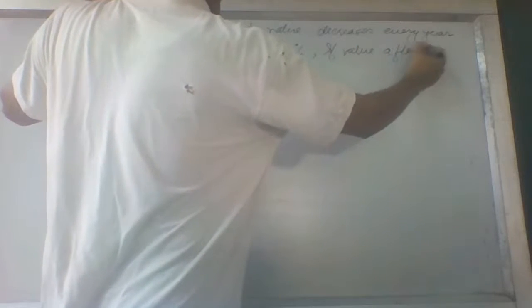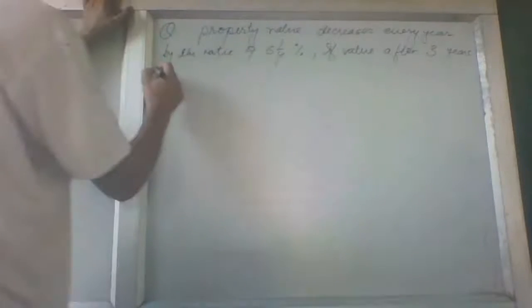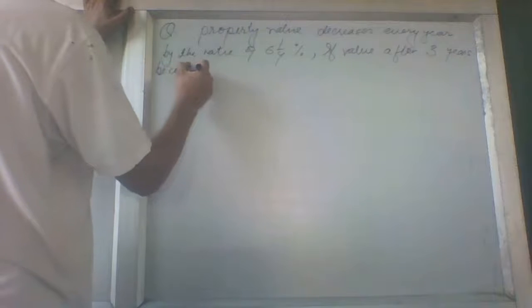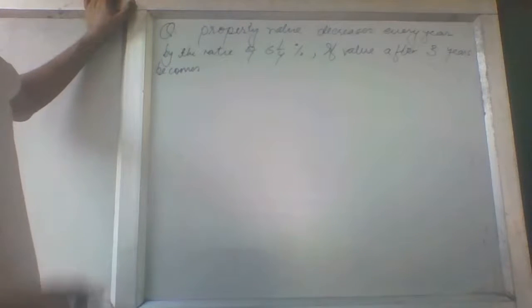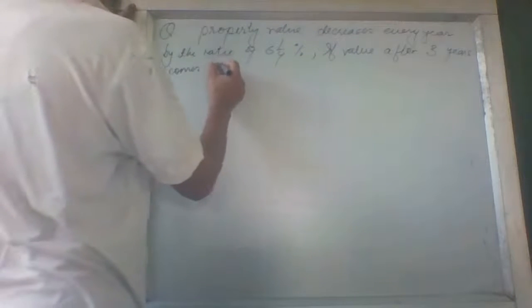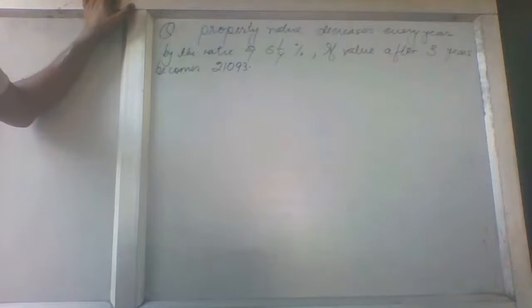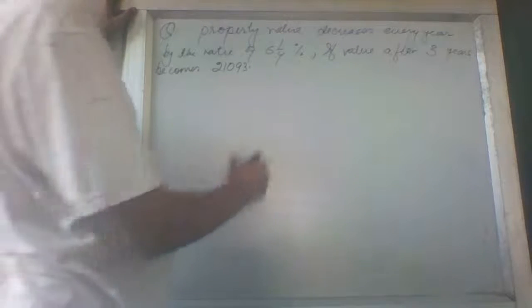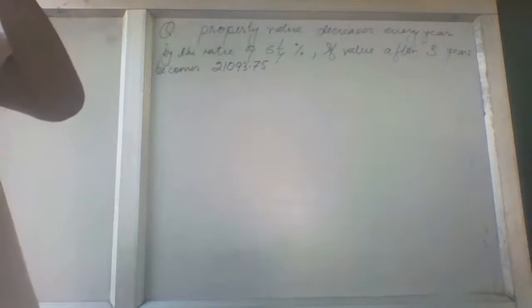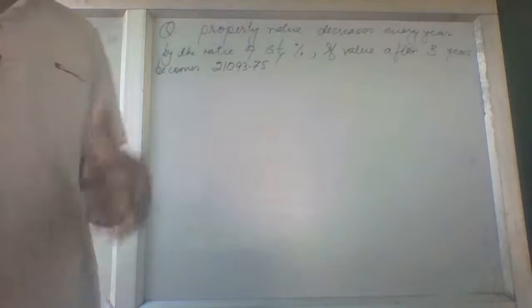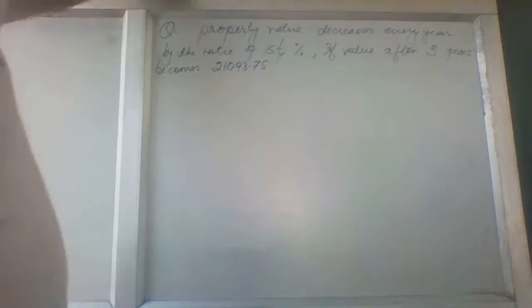if the value after 3 complete years becomes 21,093 rupees 75 paisa, what was its worth at the beginning of these 3 years?